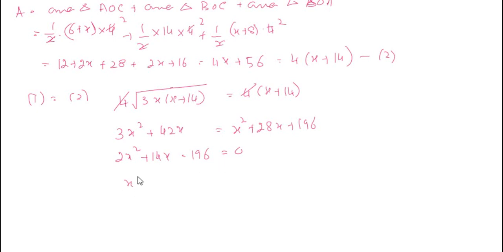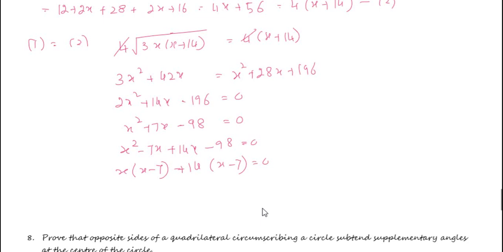Dividing by 2, x square plus 7x minus 98 equal to 0. 14 sevens are 98, so we can split this as plus 14 and minus 7. So x square minus 7x plus 14x minus 98 equal to 0. Take x out: x into x minus 7 plus 14 into x minus 7 equal to 0.